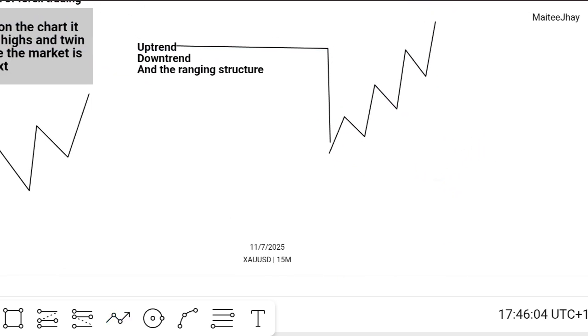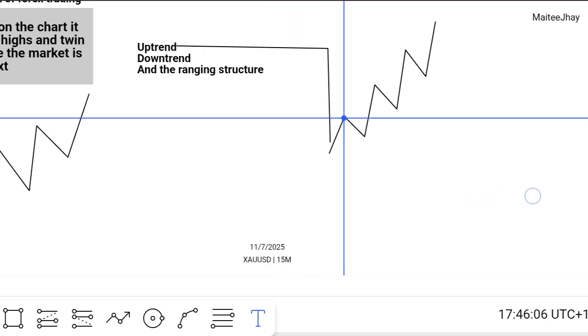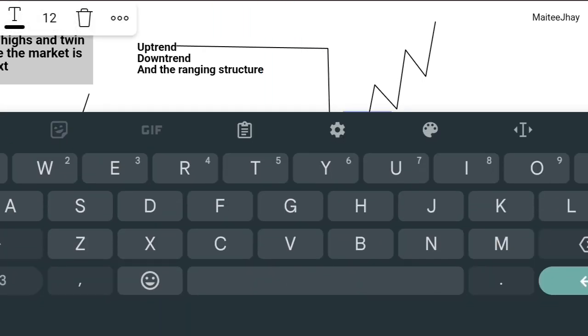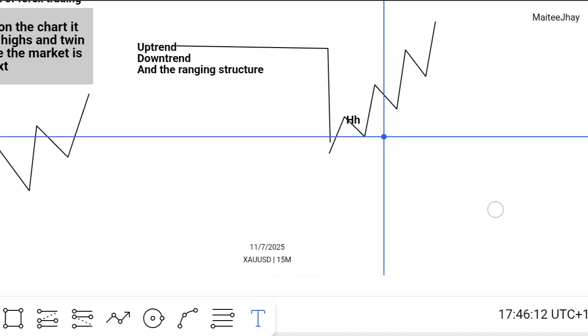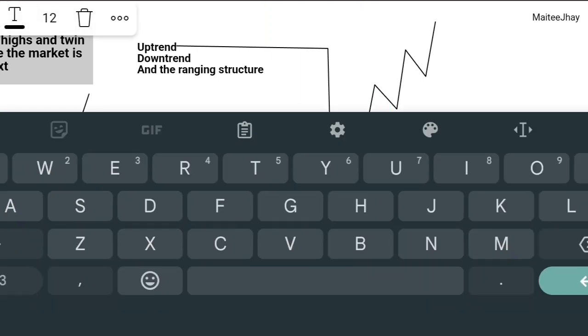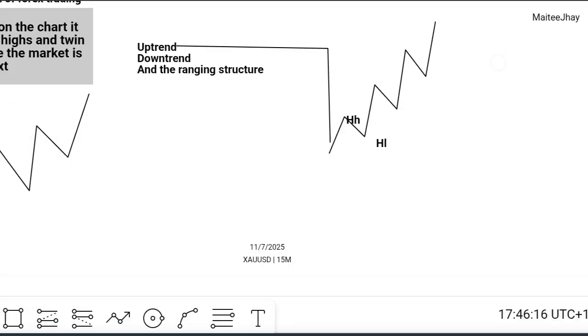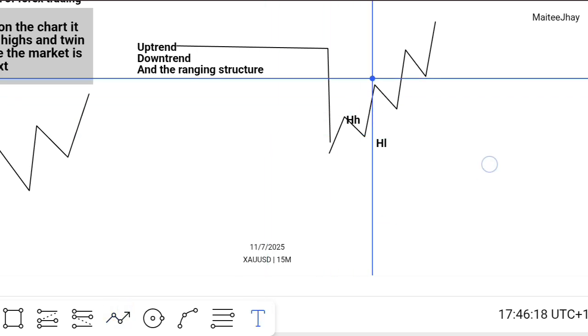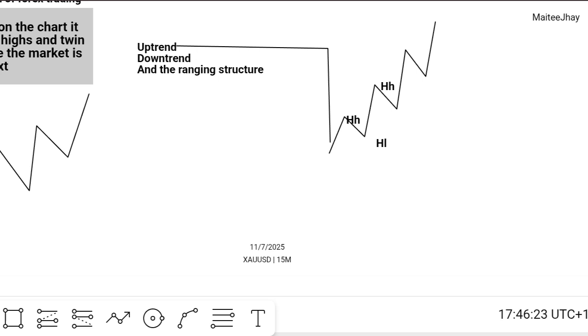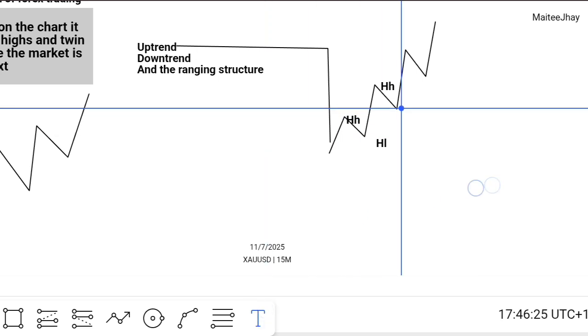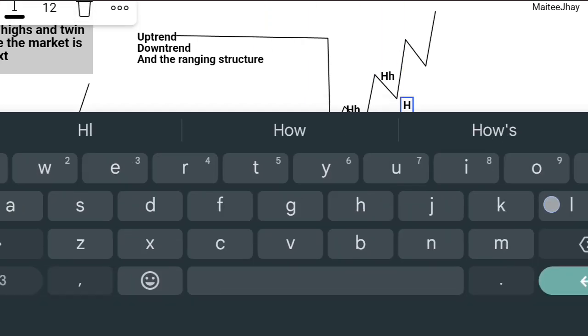So in labeling this, here is a higher high, this here is a higher low, this here is a higher high, and continuously this here is a higher low.